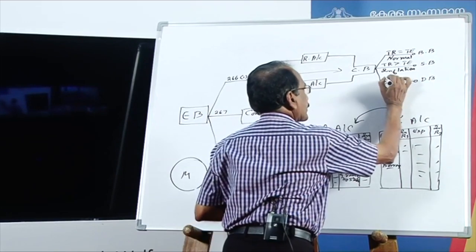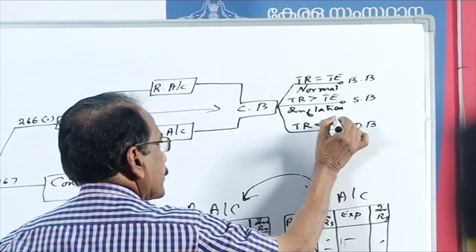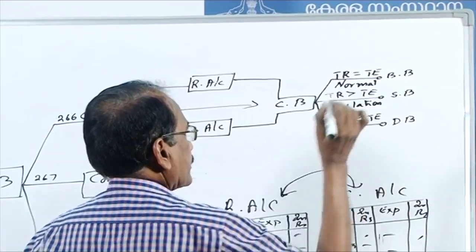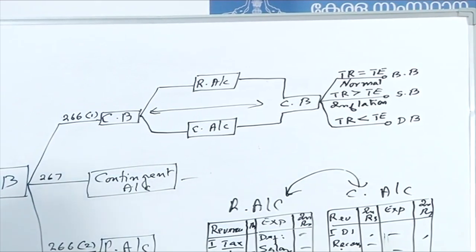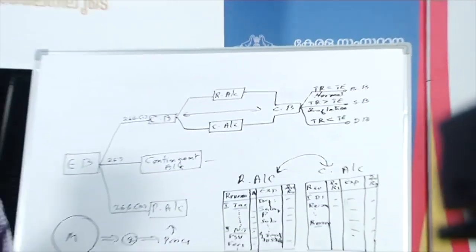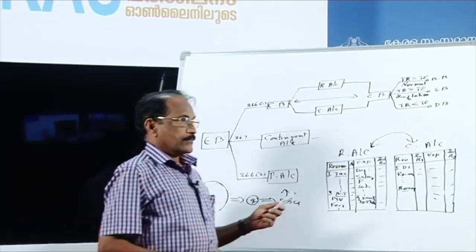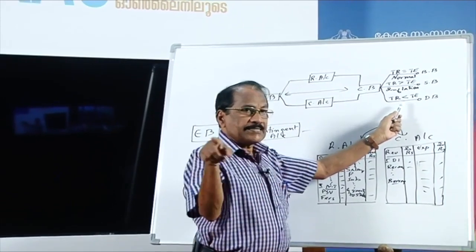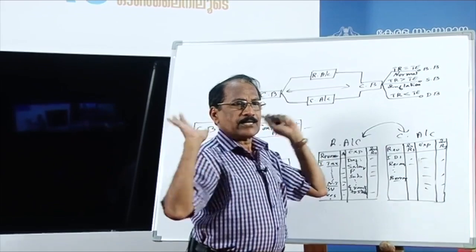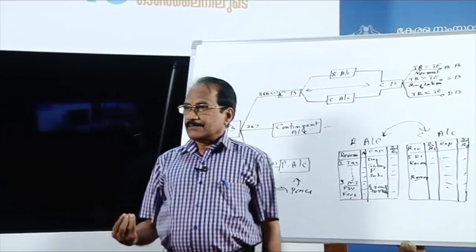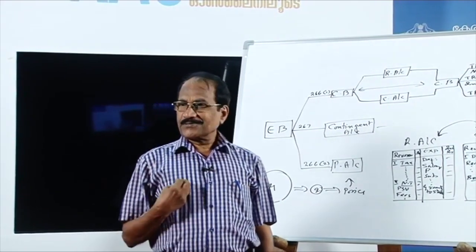When total revenue is less than total expenditure, or total expenditure is greater than total revenue. Either we may say total expenditure is exceeding total revenue, or total revenue is less than total expenditure. Scarcity, insufficient money for government expenditures.